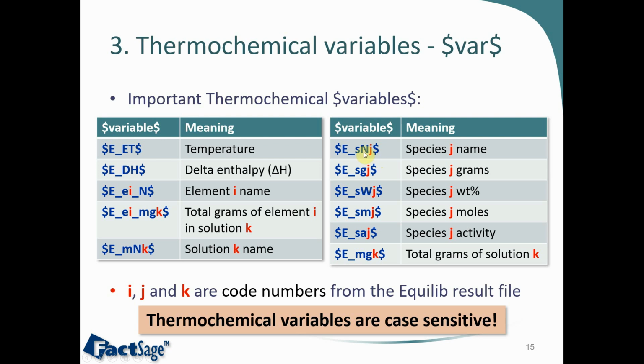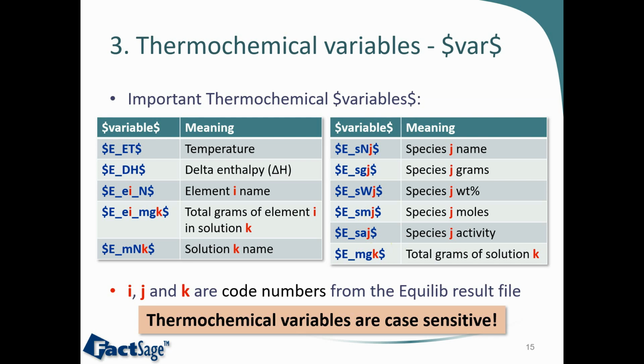Then we can give uppercase N to get its name, lowercase g to get its mass in grams, uppercase W to get its concentration in weight %, lowercase m to get its mole, and lowercase a to get its activity. And lastly, we have to add the code number J for the species to specify which species you want information on.